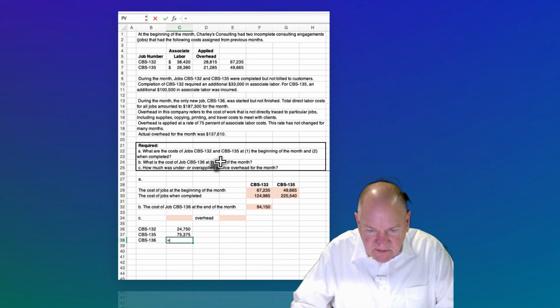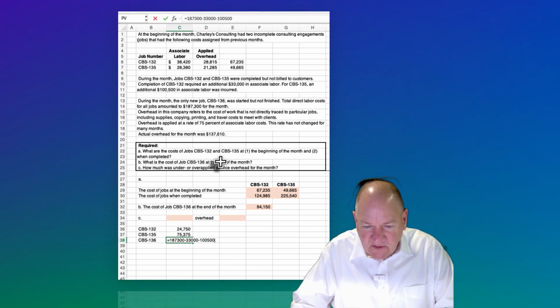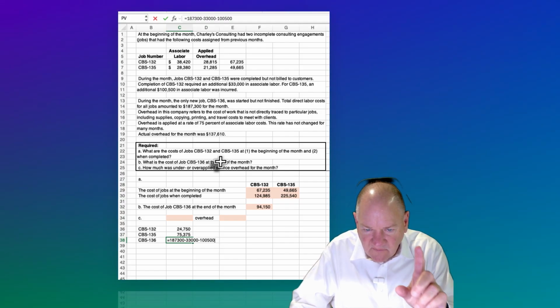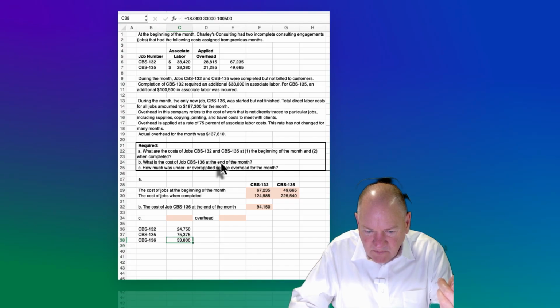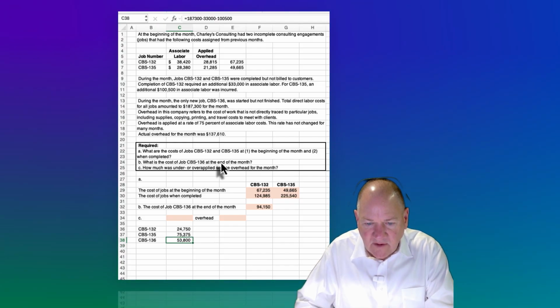Let's say equals 187,300 minus 33,000 minus 100,500. And just to check that, I'm going to hit enter here so I can see what the value looks like. So I got a total of 187,300. I had direct labor cost on the first job of 33,000, on the second job of 100,500. So that must be my total direct labor cost for the month.